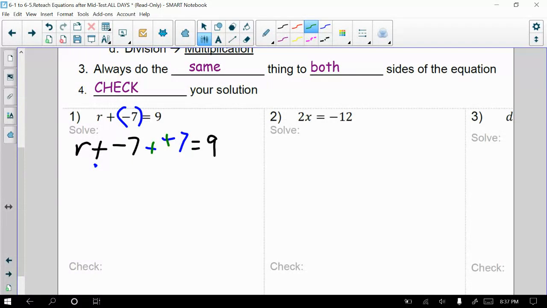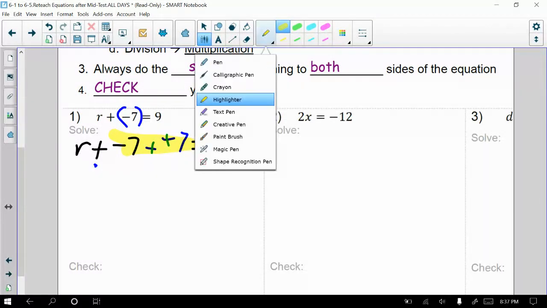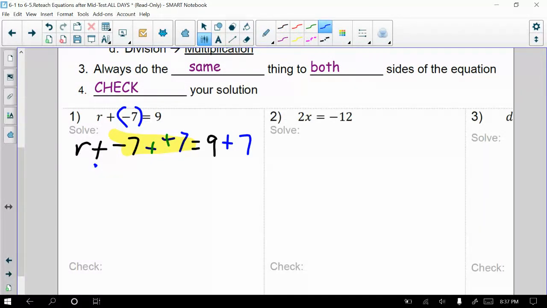So we're really adding a +7. Whatever I did there, I need to come over here and do the same thing. This section here, cross out. All of that goes away. So now I can finish writing this out as r equals 16, because that's what 9 and 7 make.